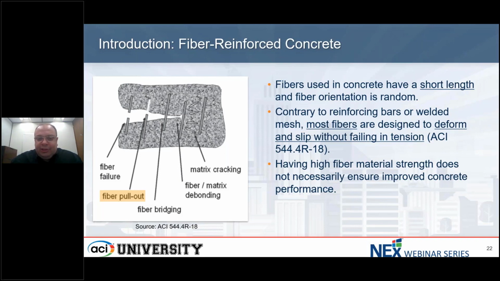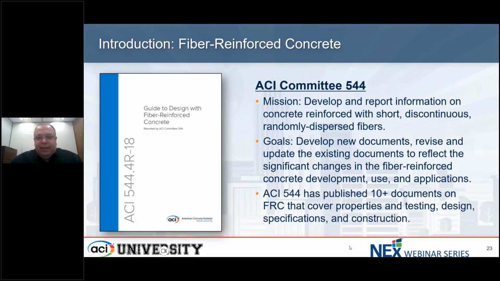There are limitations because other properties like fiber length, shape, width, and the bond between the fiber and the paste also play a role. Now, why is this important? Well, this is important because some people sometimes look at fibers by just looking at their strength, and that's not the best way to look at fibers. You should actually be looking at how well they perform in concrete.